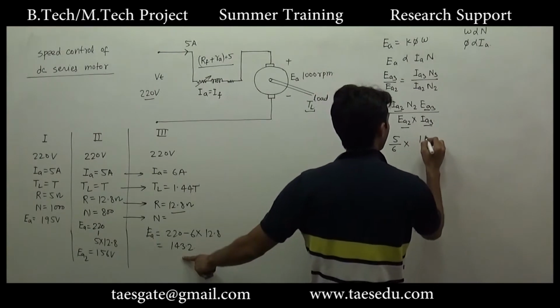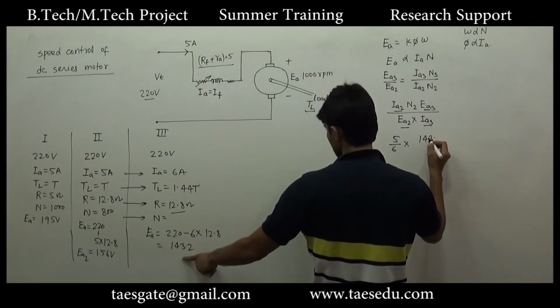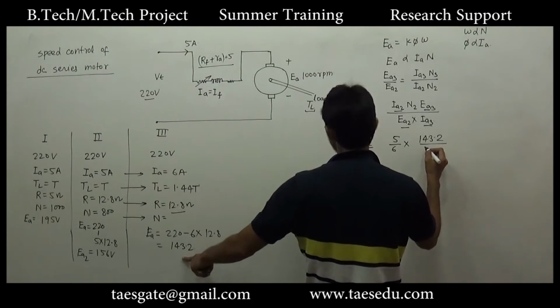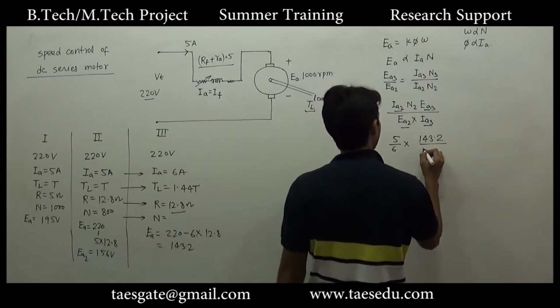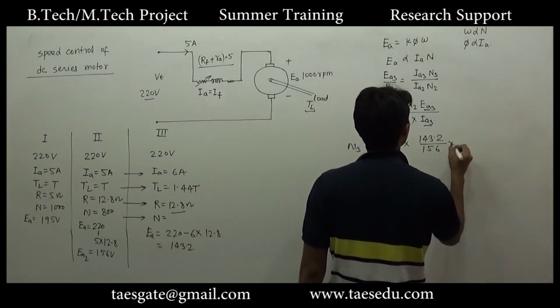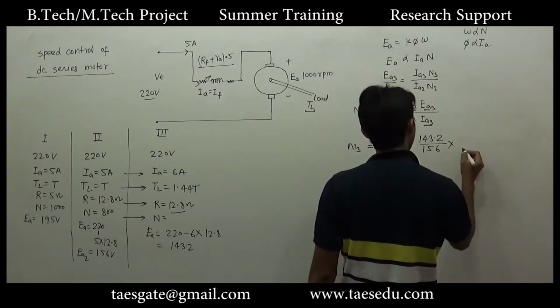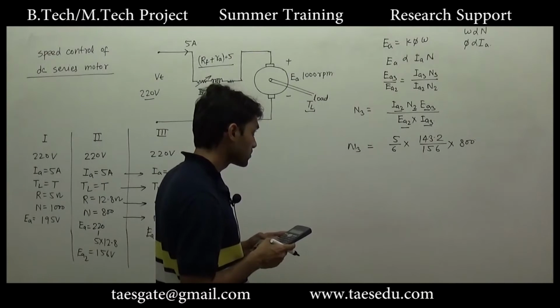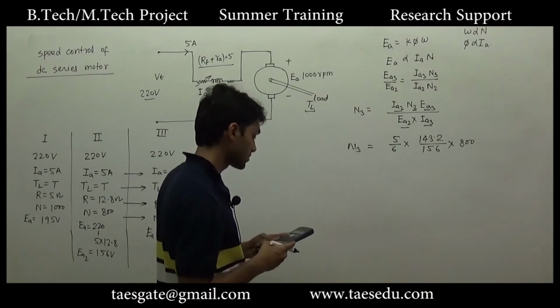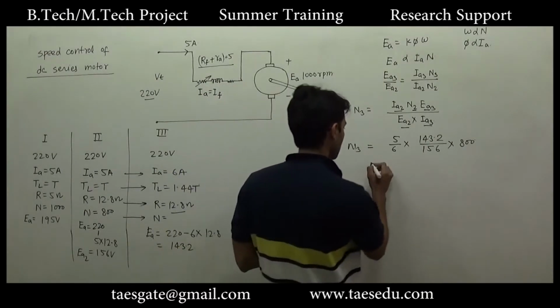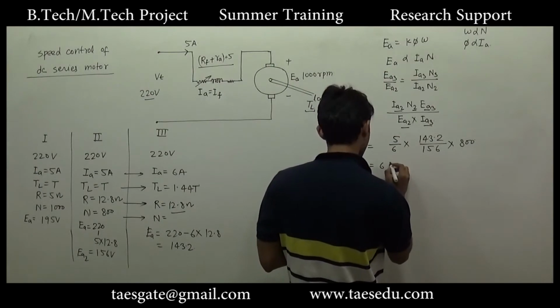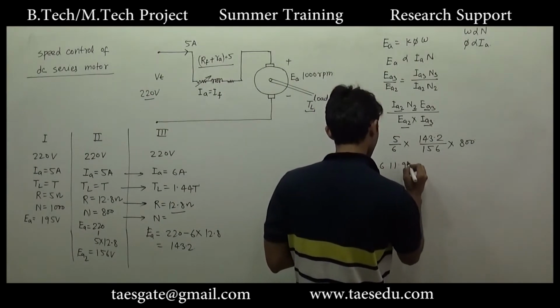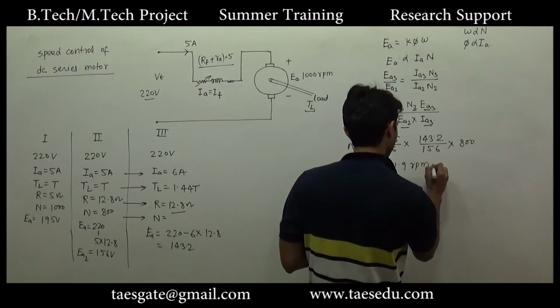EA3 is 143.2 divided by EA2 is 156 into N2 is 800. This is 611.9 RPM.